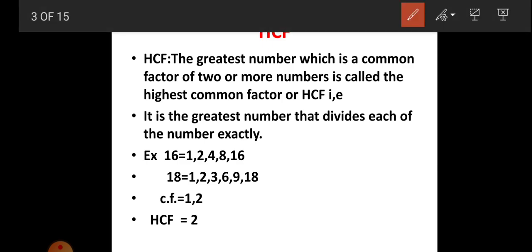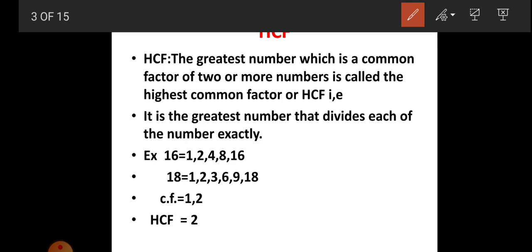Highest common factor. What is the highest common factor? The greatest number which is a common factor of two or more numbers is called the highest common factor. It is the greatest number that divides each of the numbers exactly.